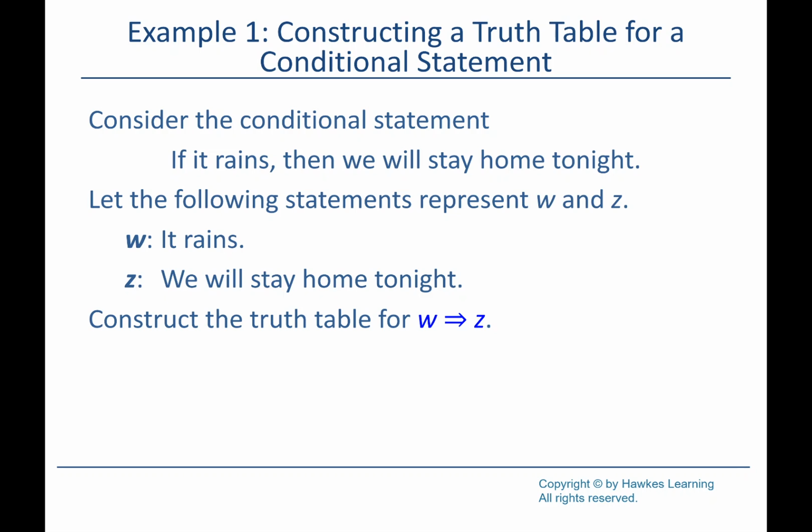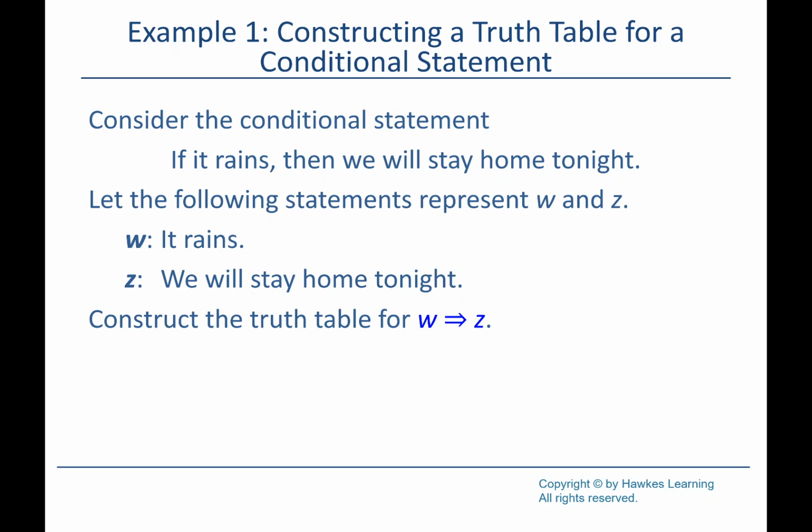Okay. So we're going to call the first part, that it rains, W, and the second part, we'll stay home tonight, Z. So in symbolic form, we're saying, if it rains, then we'll stay home tonight. We want to make the truth table for that.